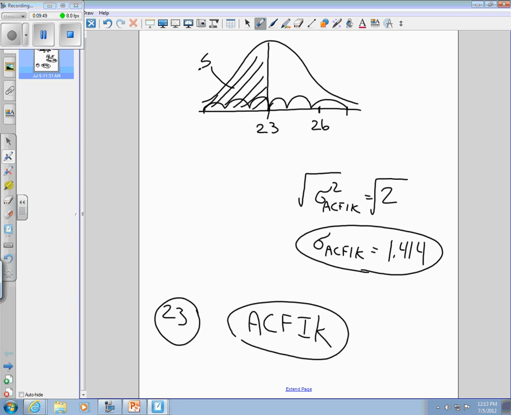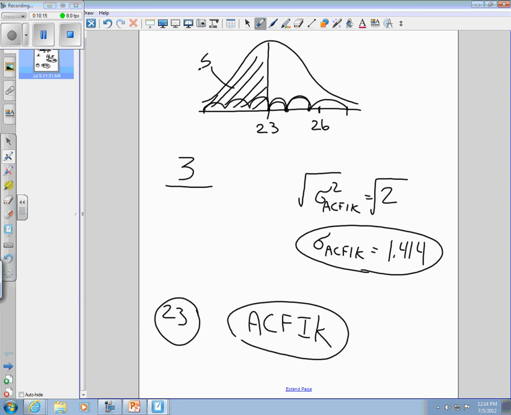So if we go out one standard deviation, we're right here, we're talking about 24.414. If we go out 2 standard deviations, this little point right here is 25.828.